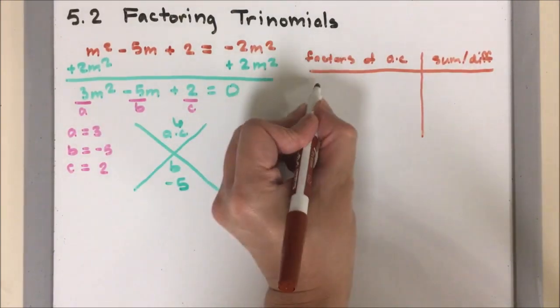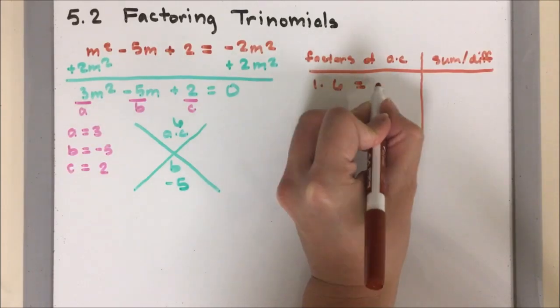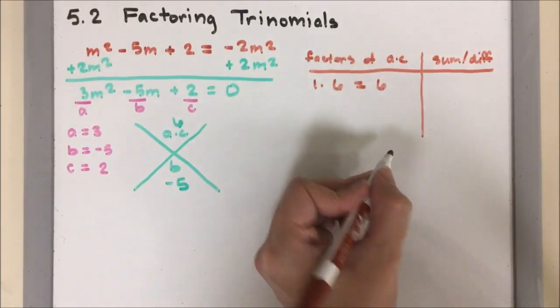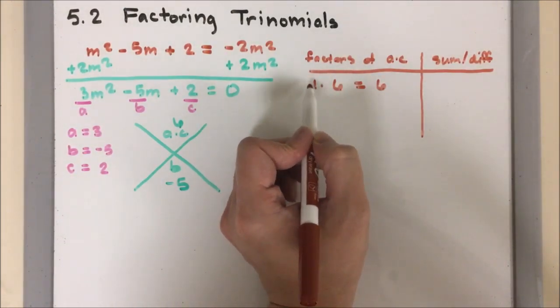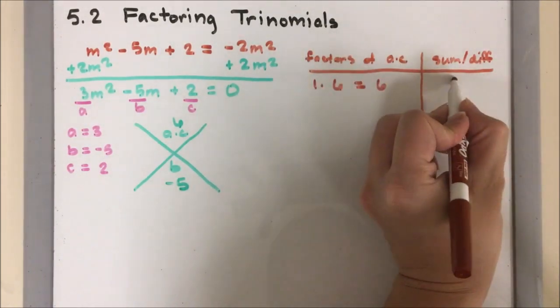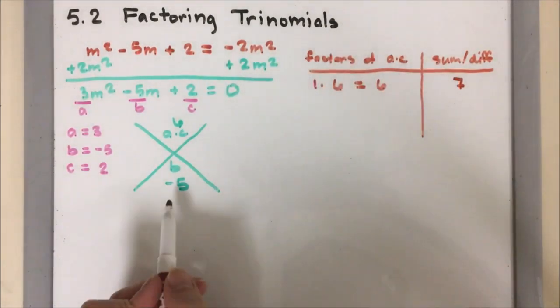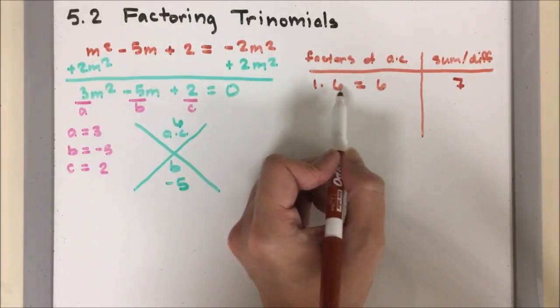So we can do 1 times 6. When you multiply, you get positive 6. Now if I were to combine my factors, so I have positive 1 and positive 6, so 1 plus 6, my sum or difference is 7. So it doesn't match, so I cannot use 1 and 6.